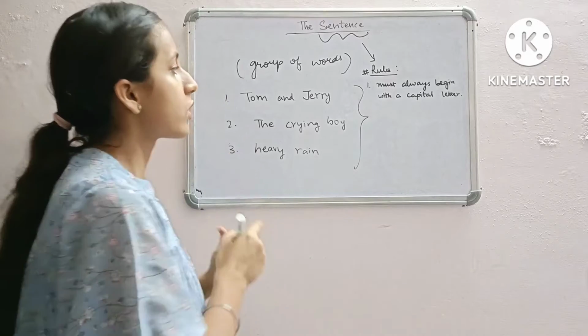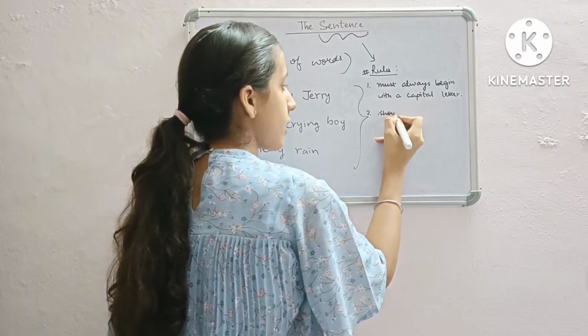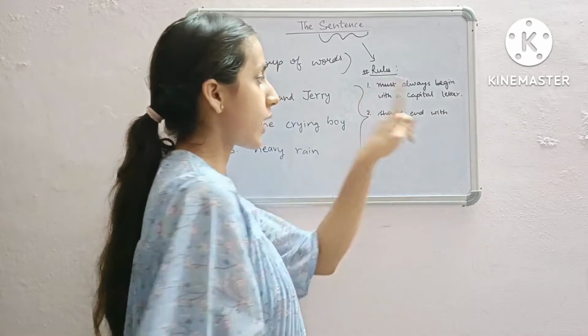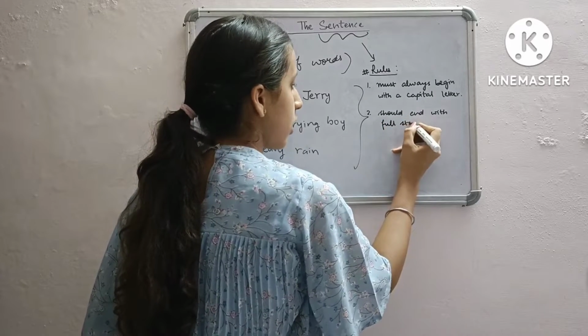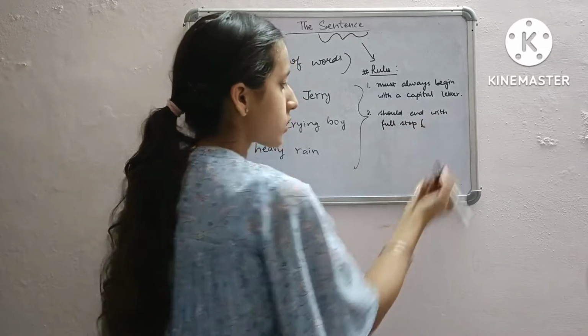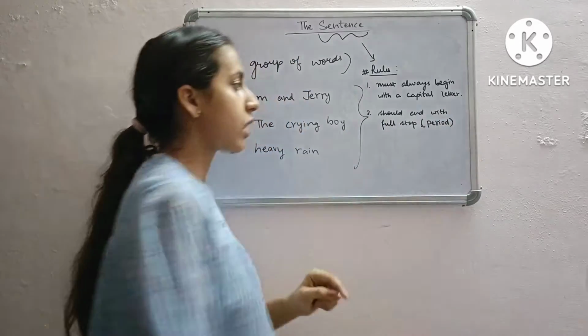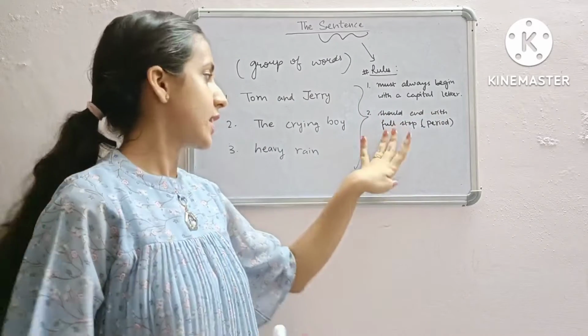And the second rule is that a sentence should end with a full stop, or a period. We say period in foreign countries, not in India, but overall we say full stop.